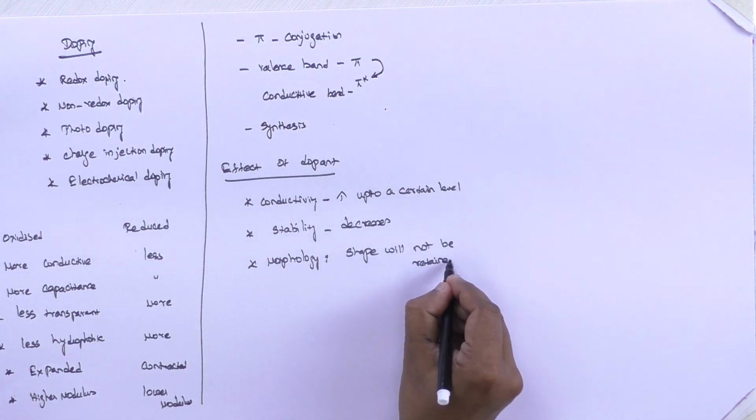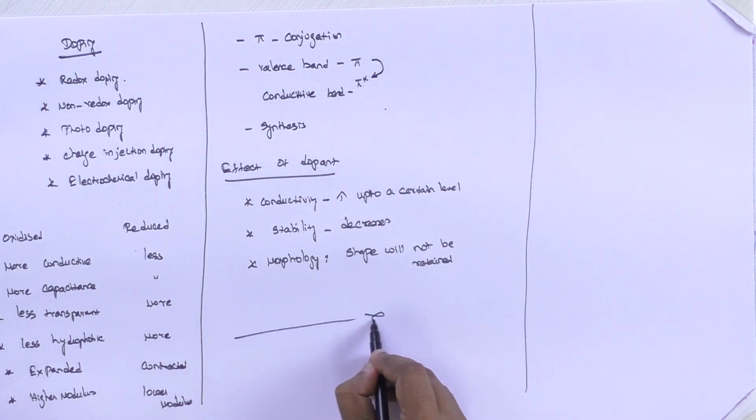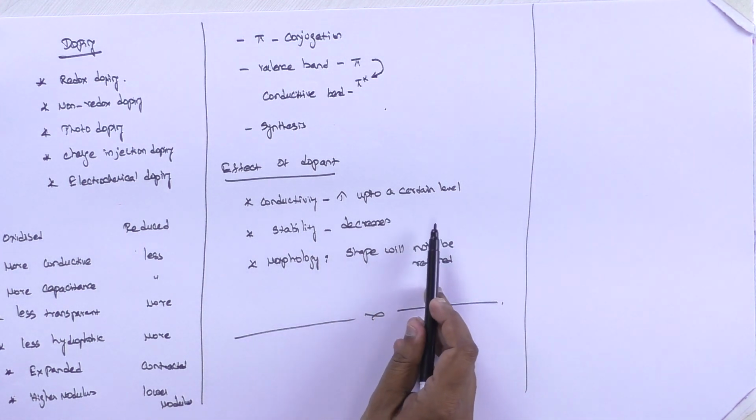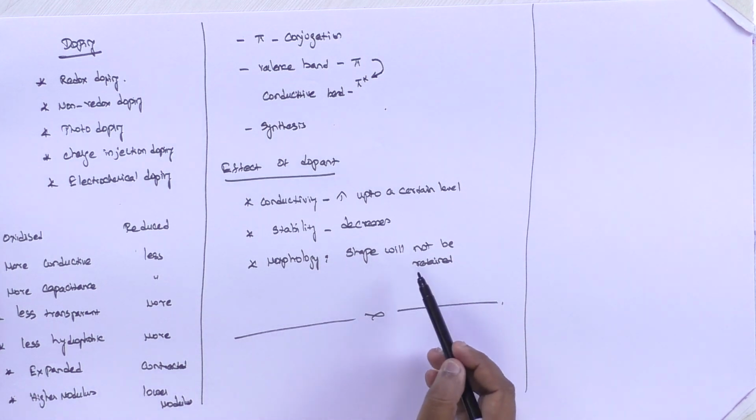So, this is the effect of dopant. The conductivity increases up to a certain level, the stability decreases, and the morphology shape will not be retained.